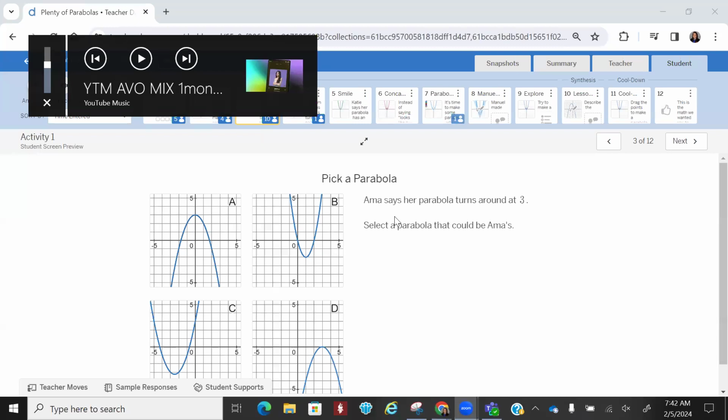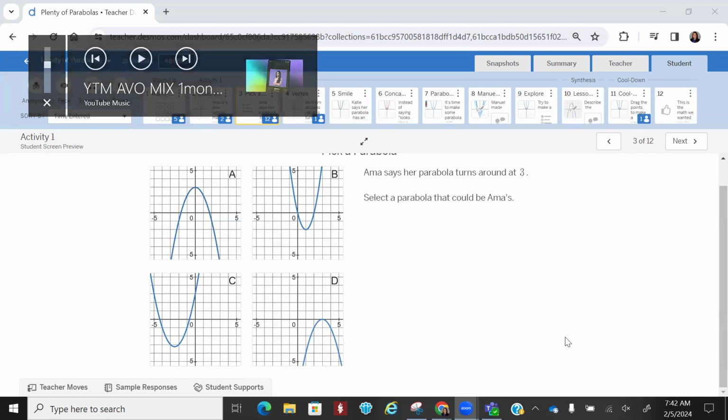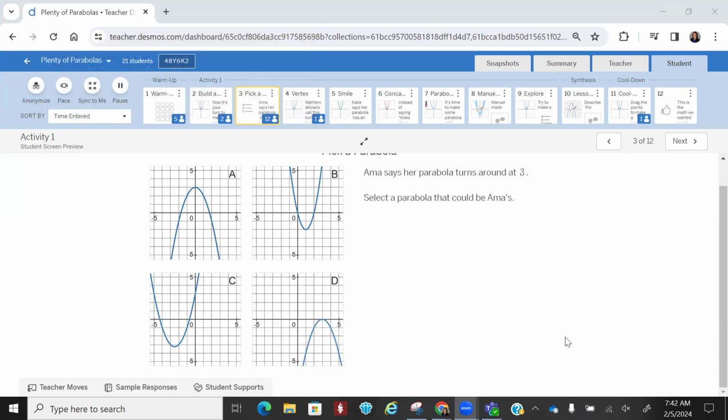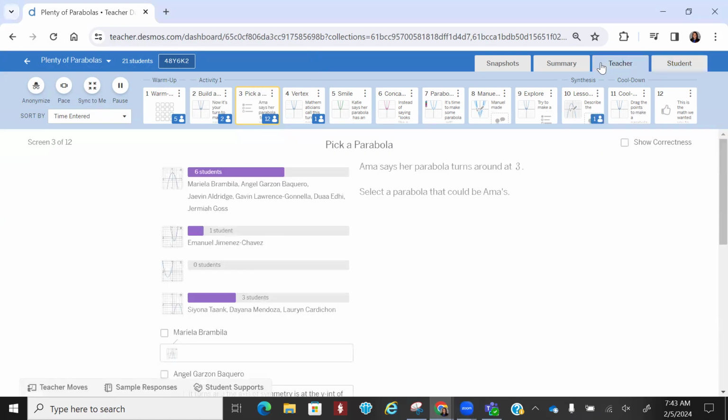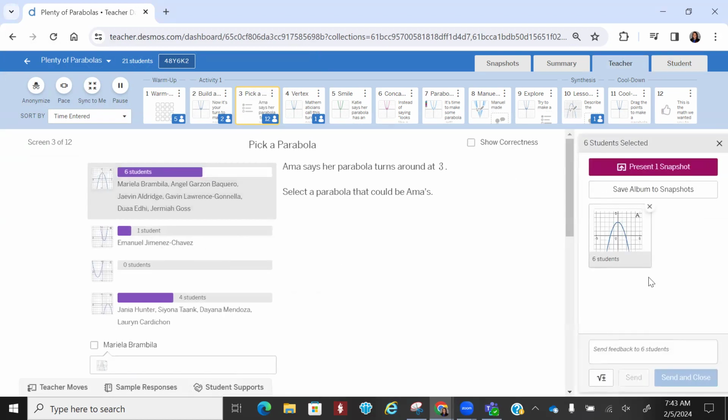Amma says her parabola turns around at 3. Select a parabola that could be Amma's. Take 1 minute and do that. We're going to go over the answers. So it turns around at 3. All right, so the majority of y'all said this one.